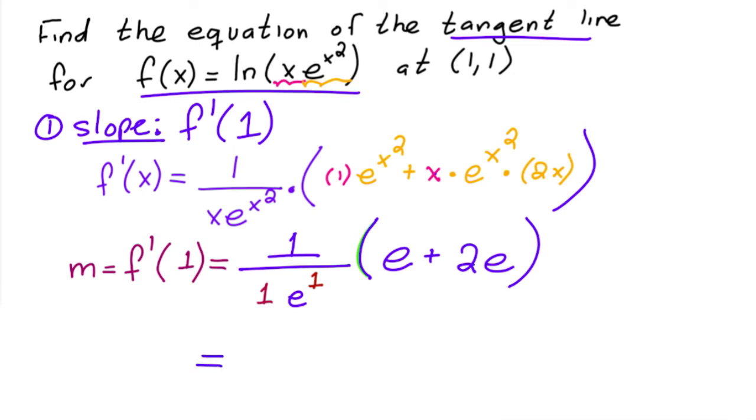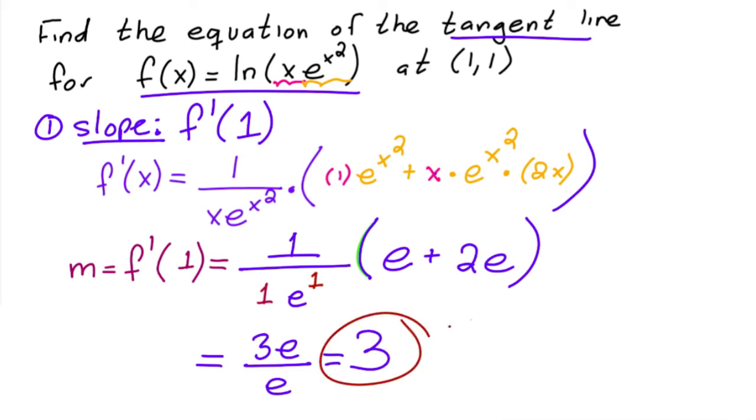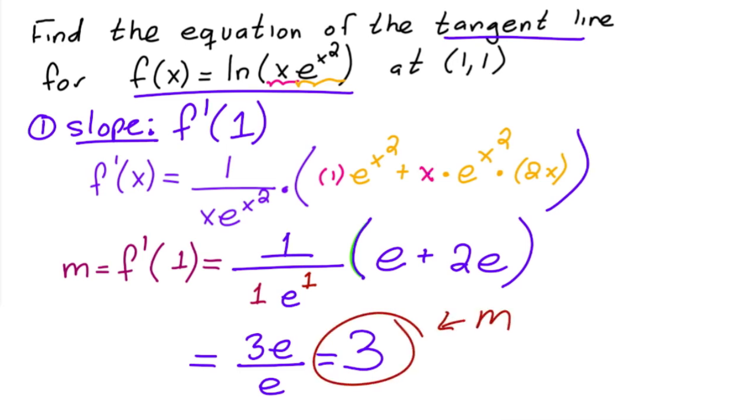So this is 2e plus e is 3e, and then over e. So this is equal to 3. So the number 3 is the slope.